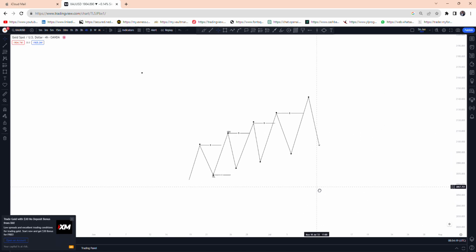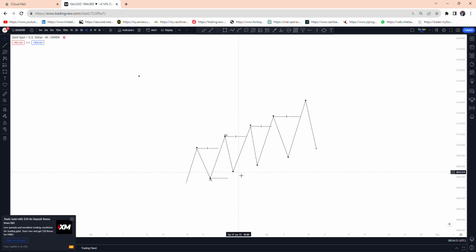But now this is the bullish structure. Weak low, strong lows, weak highs, breaker of structure, weak high, strong low again, simply because when the price was moving to the downside, it failed to break this low. So this becomes a strong low, and this becomes a weak high because our anticipation is that the price will move to the upside and break this high.